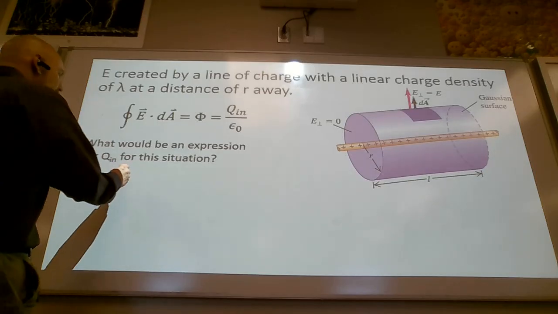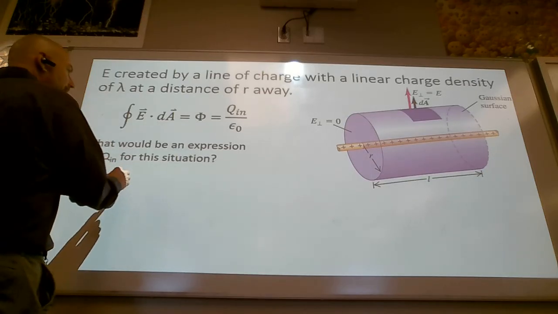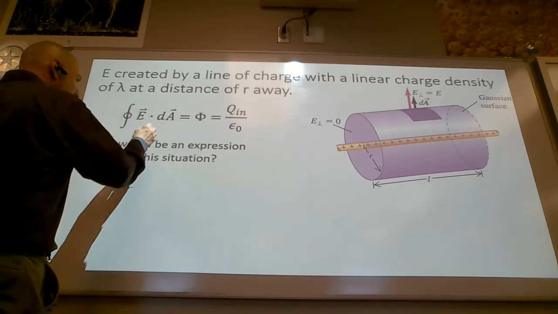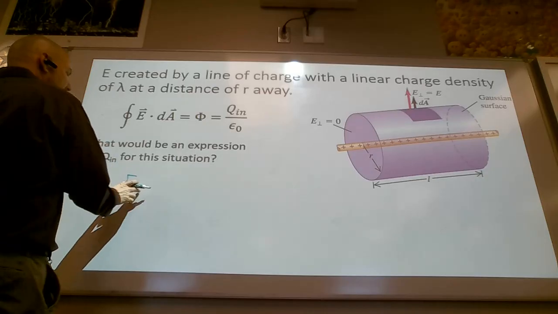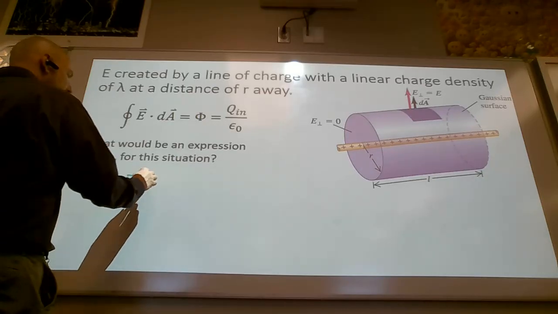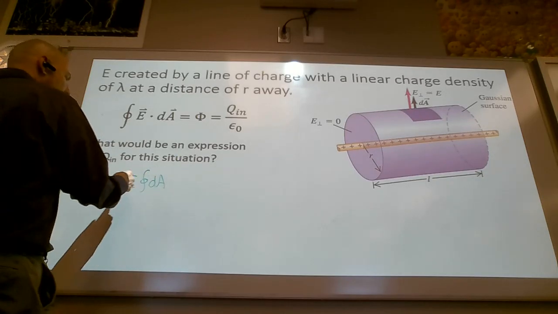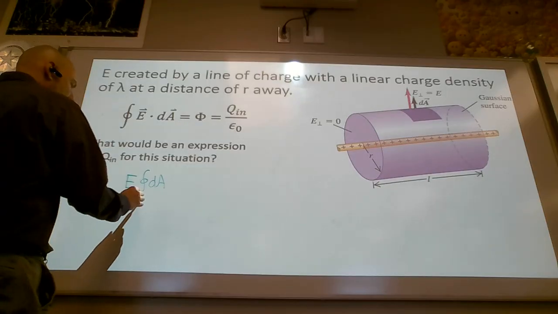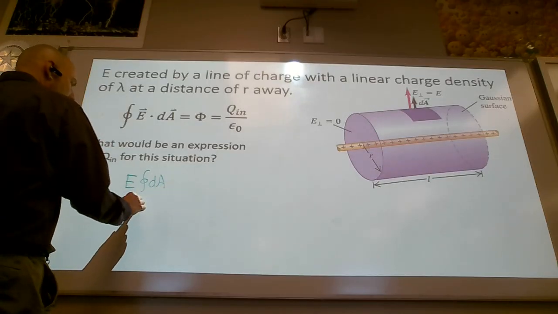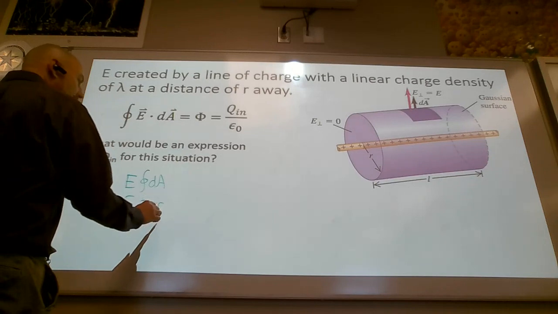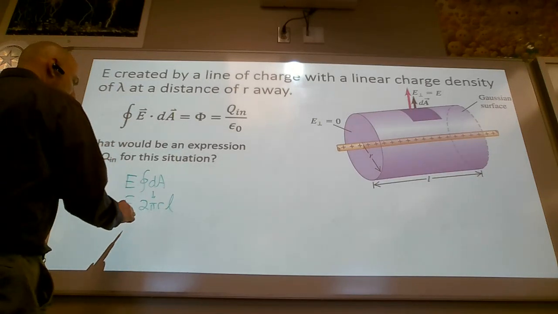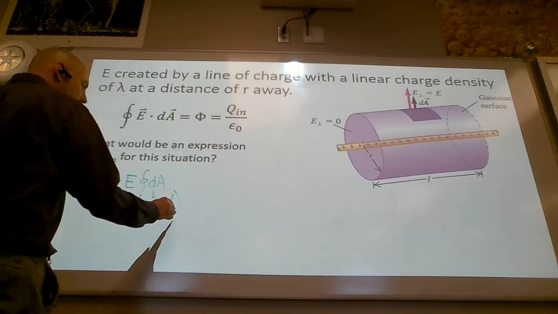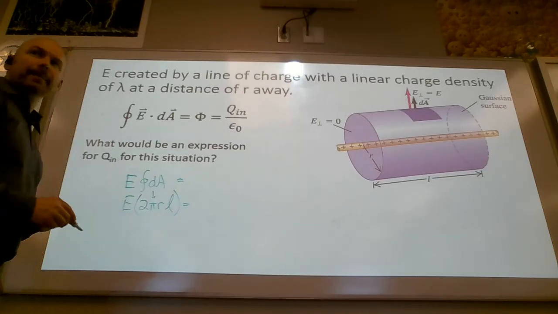So we established this. The electric field's the same at all places, so I can pull that out. And then we established that the area was 2 pi r times the length. Good with that?